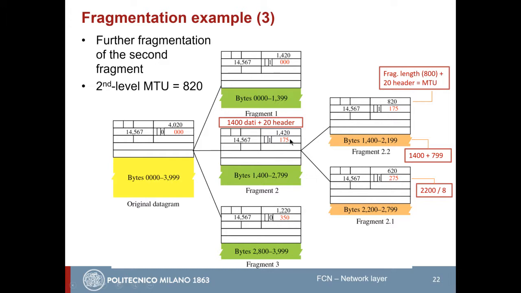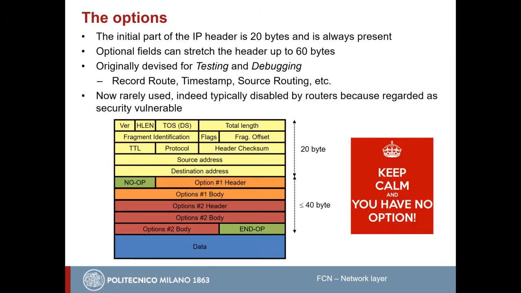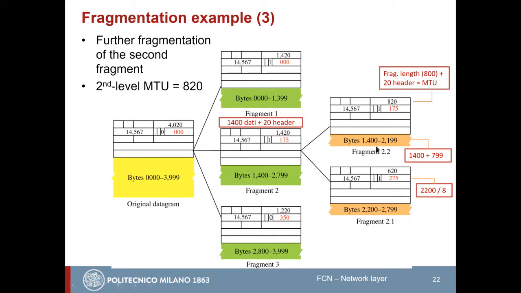And then the fragments that arrive at the destination will be fragment 1, fragment 2.2, fragment 2.1, and fragment 3. And the destination host will put them together in order to build the original datagram, which is this one.